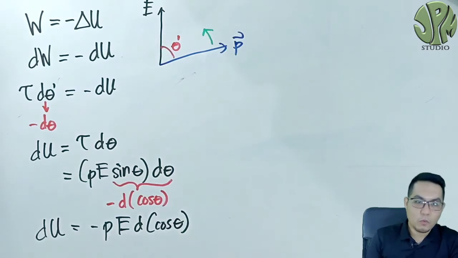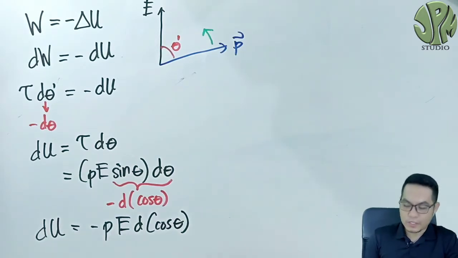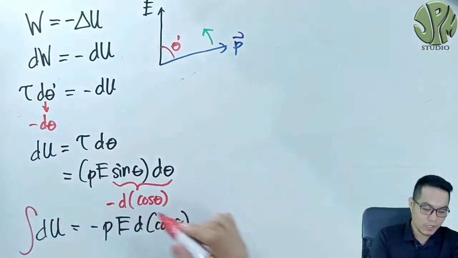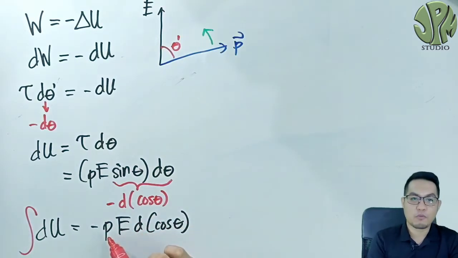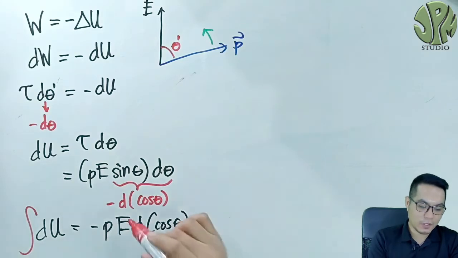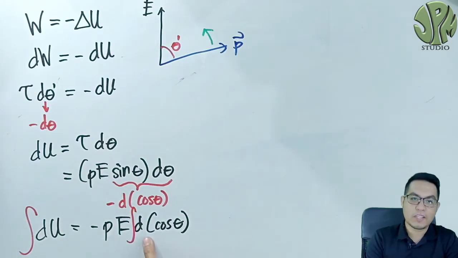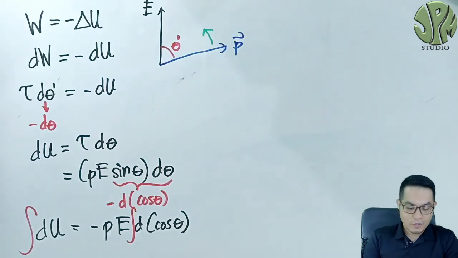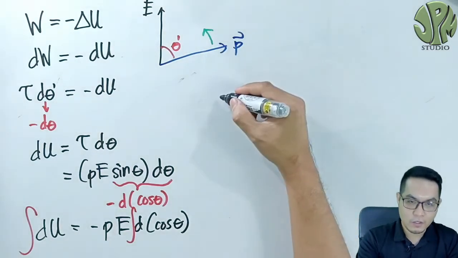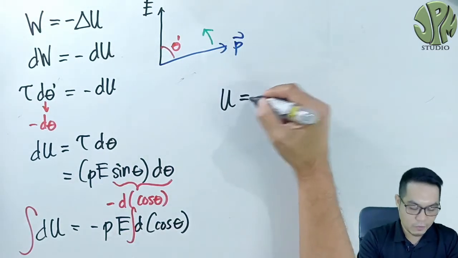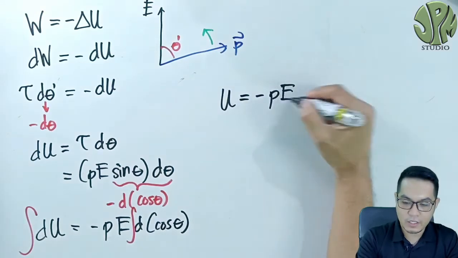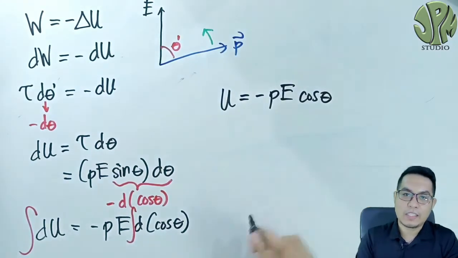If we now try to solve for the potential energy, we integrate both sides. Assuming the dipole moment magnitude and electric field magnitude are constant, we are just taking the integral of the differential of cosine theta. The integral of the differential of a function is just that function. So the answer of this is just cosine theta. So we see that U will just be negative PE cosine theta.